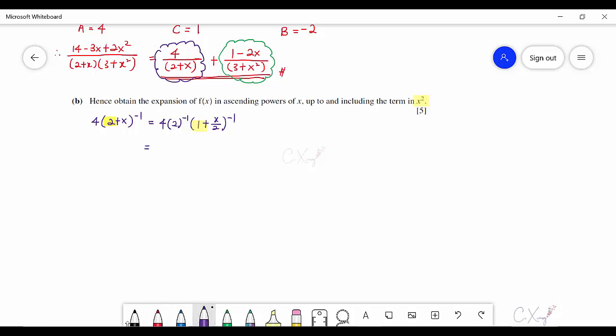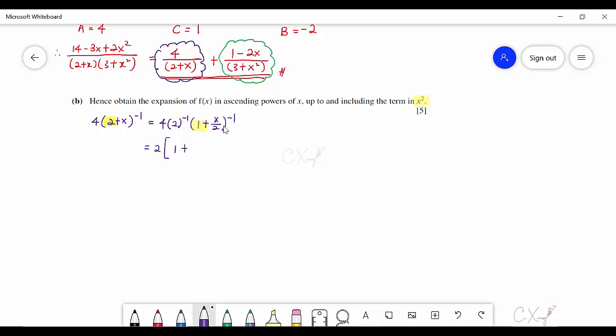For the value in front, you can straight away simplify it as 4 divided by 2, you get 2. Then now I want to expand this bracket. For the binomial expansion theorem, the first term is always a 1.